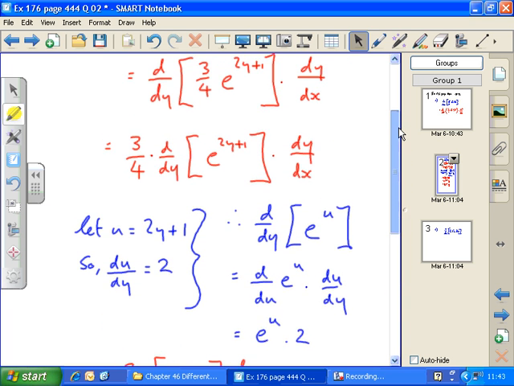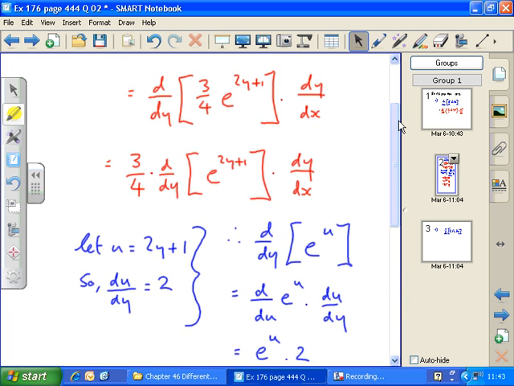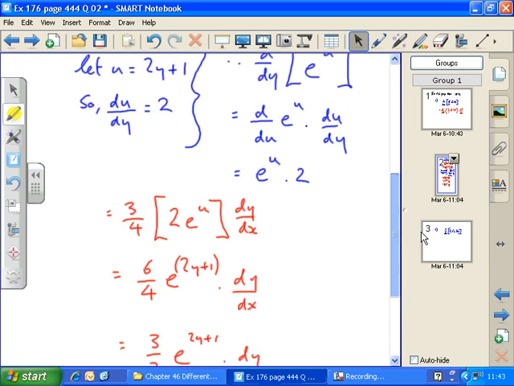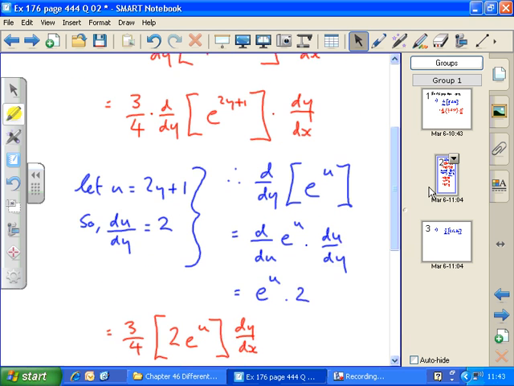So that's not a straightforward solution. If you look though at this part of it here, is e to the 2y plus 1. We talked about this idea of the chain rule before in words. How do I find the differential of this? It's the differential of the function with respect to the bit we're going to call u, and then multiplied by the differential of the part we've called u.